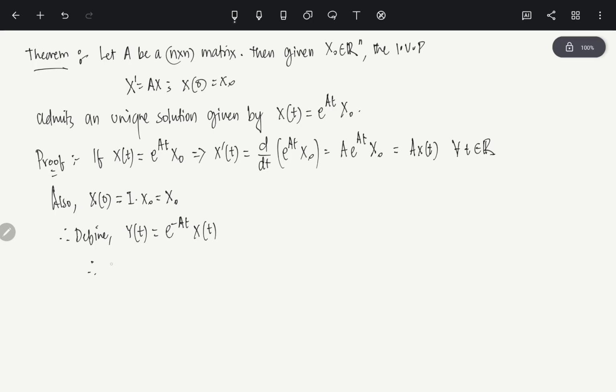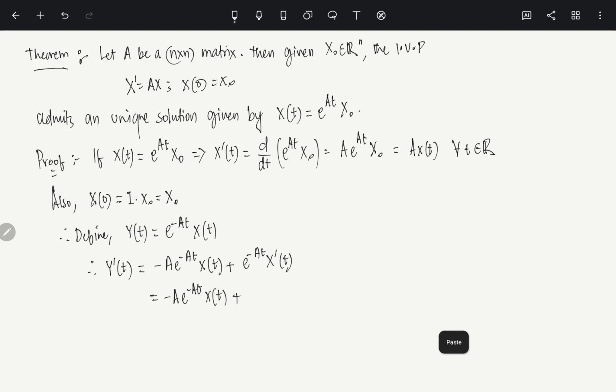Then what is y prime of t? Y prime of t is nothing but minus A times e^(-At) x(t) plus e^(-At) x prime of t. Clear? So this is nothing but minus A e^(-At) x(t), and what is x prime of t? It is nothing but A x, right? So plus e^(-At) A x(t).